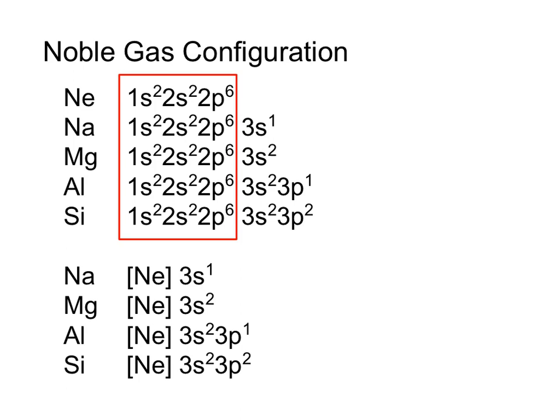For instance, when we were doing the configuration earlier for iron, if you look at a periodic table, you see the noble gas that comes before iron is argon, and so we can write argon in brackets. The rest of the configuration for iron from there is 4s2, 3d6. Similarly, the configuration for lead.